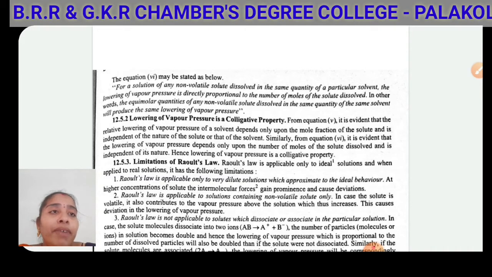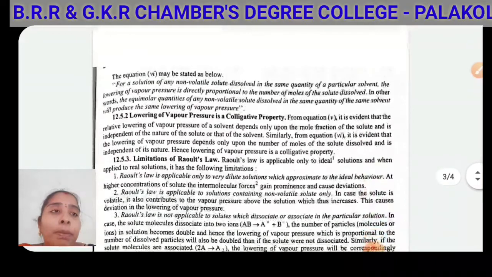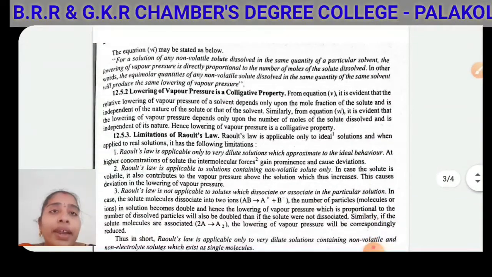From equation 5, it is evident that the relative lowering of vapor pressure of a solvent depends only upon the mole fraction of the solute and is independent of the nature of the solute or of the solvent. Similarly, from equation 6, that is P0 minus P is proportional to small n, it is evident that lowering of vapor pressure depends only upon the number of moles of the solute dissolved and is independent of its nature.